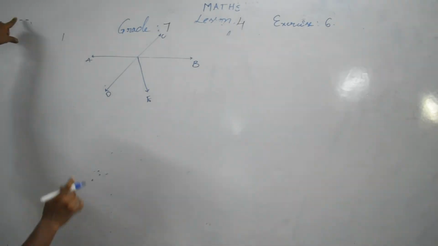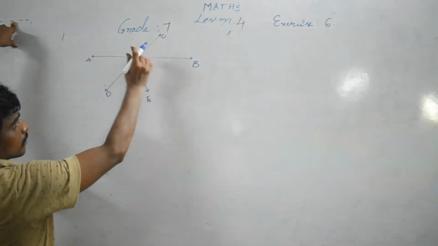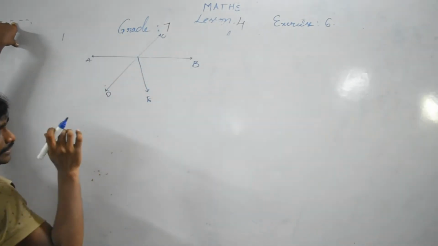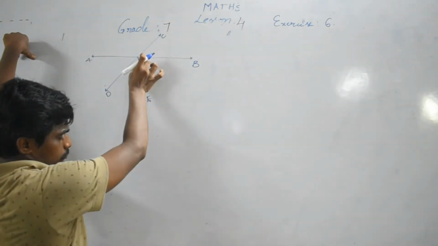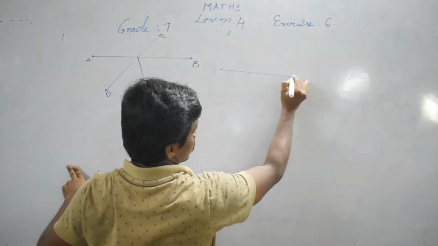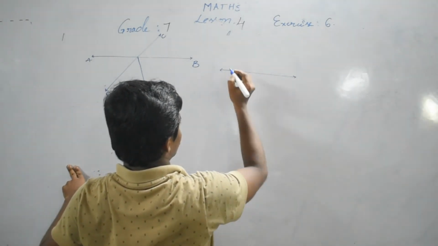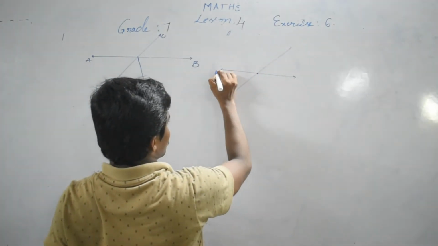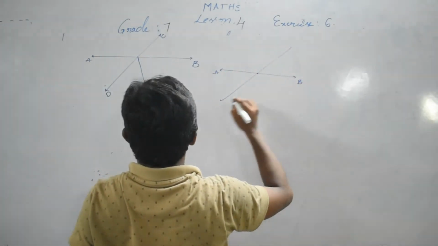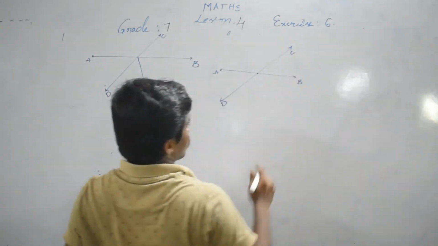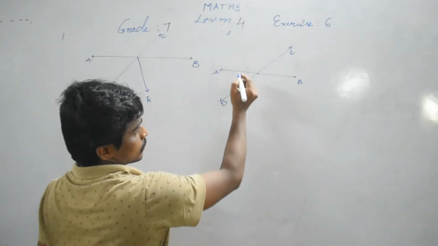What are they? See. Now removing the E ray, like this. So A, B, D, C. Here opposite angles.